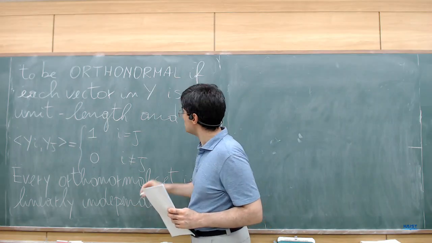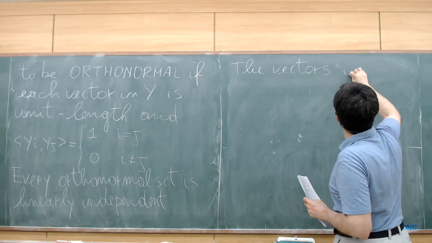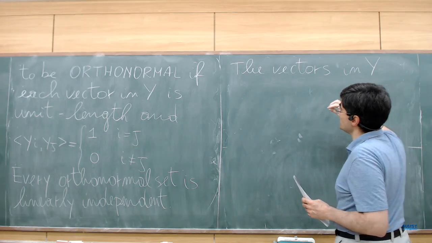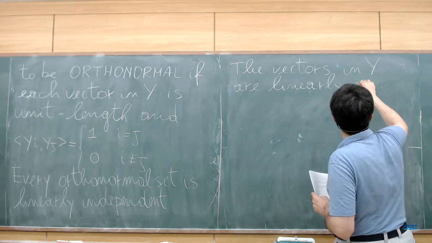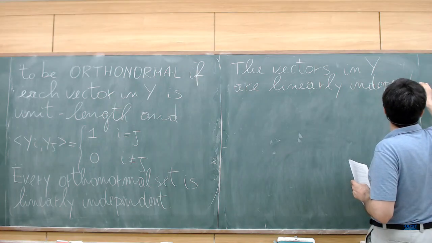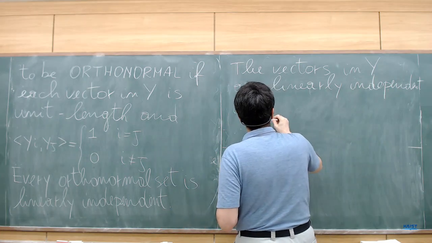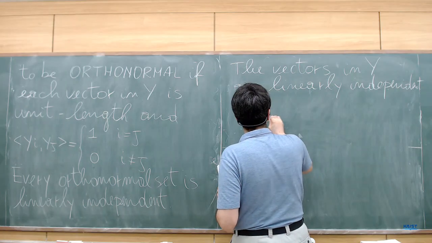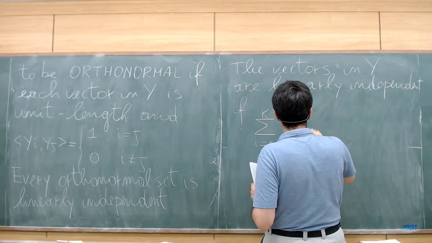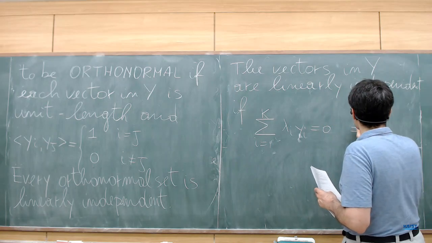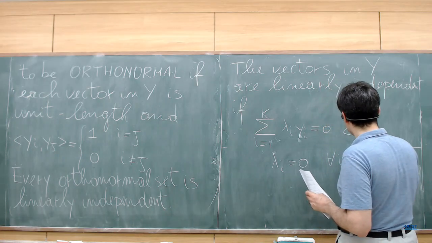So the vectors in the collection, in the set Y, are linearly independent if the sum from 1 to k of lambda i Y i equal to 0 if and only if lambda i equal to 0 for any i.